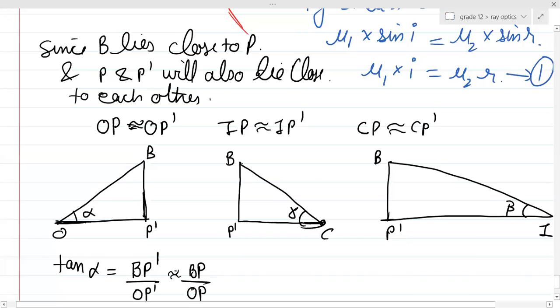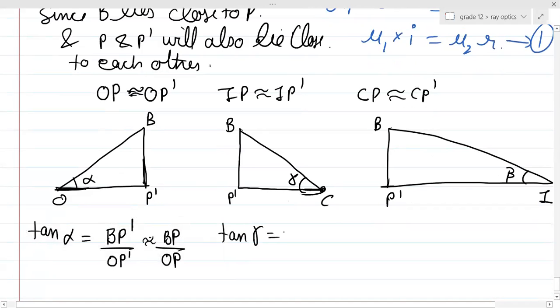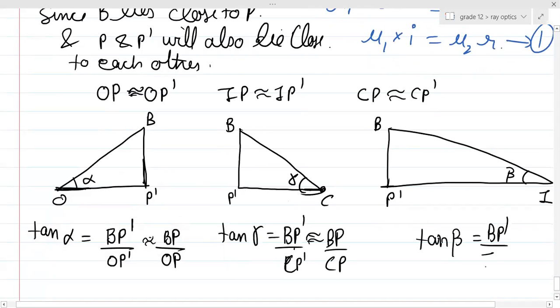Similarly, this will be written as BP dash by P dash C, or CP approximately. Tan beta will be equal to BP dash upon IP dash, so BP upon IP. I guess this much is pretty much clear to everyone, right?